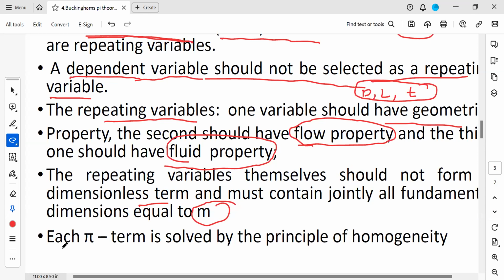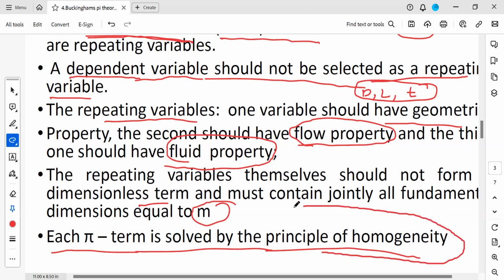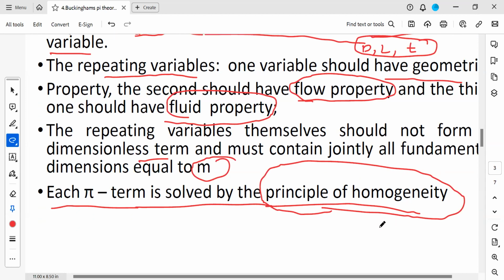All the pi terms will be solved by using the principle of dimensional homogeneity. The principle of dimensional homogeneity is that if you take any equation, and the dimensions of both sides of the equation are the same, then it is called a dimensionally homogeneous equation.